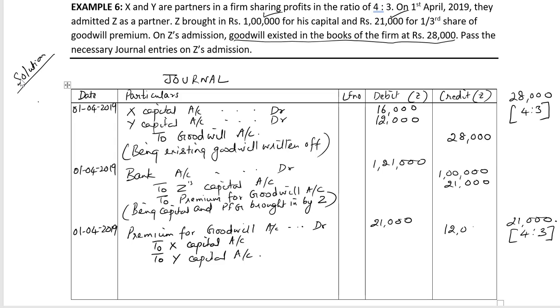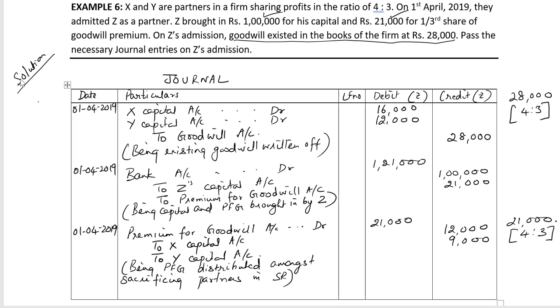So the sacrificing ratio is equal to the old profit sharing ratio, which is 4:3. So against X, it's 12,000, and against Y, it's 9,000 rupees, being PFG distributed amongst the sacrificing partners in sacrificing ratio.